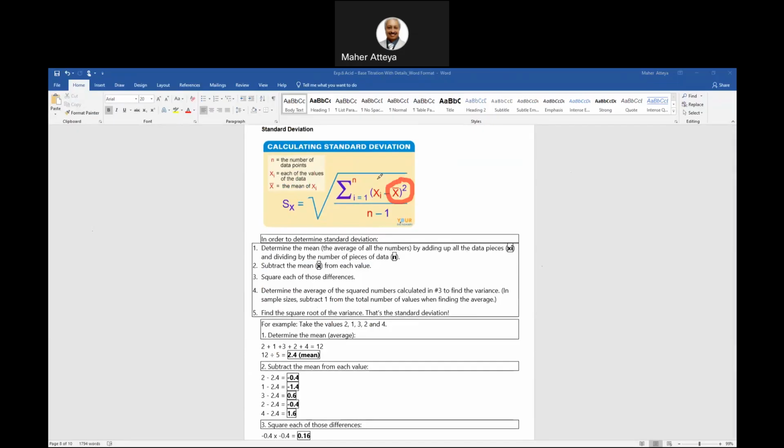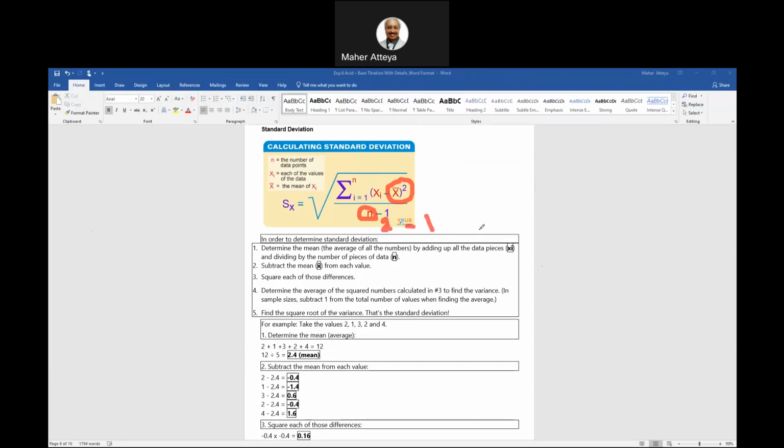This is the value of the molarity of sodium hydroxide, the first trial, minus the average, squared, plus the second trial molarity of sodium hydroxide minus the average, squared. You take the absolute value, correct? Then you add the sum, and you divide by n minus 1, which is 2 trials minus 1. Take the square root and you get the standard deviation.